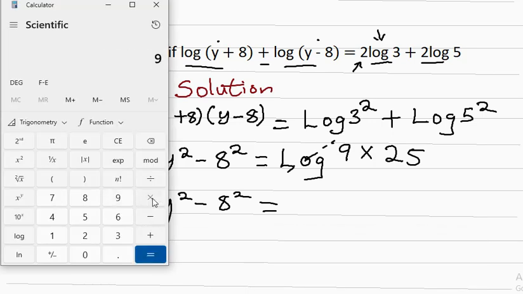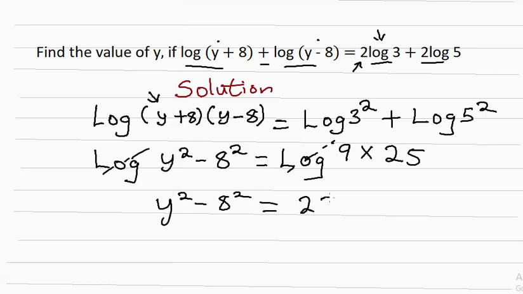So let's do that. 9 times 25 is 225. So this is going to be equal to y squared minus 64. Take the 64 to the other side of the equation, that's plus 64.